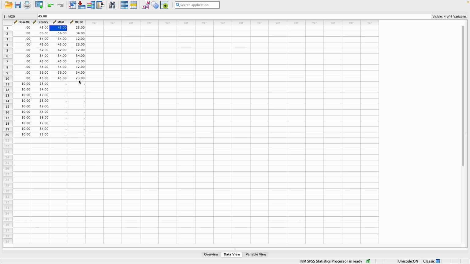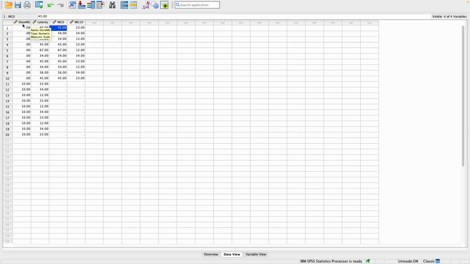If you stick to this golden rule that every participant gets their own row, you should be set up pretty well. For the independent samples design, if I have 20 participants total, I need to have 20 rows. I therefore need a column that indicates which condition each participant is in, whether they're receiving 0 or 10 milligrams. So I have an independent variable column, and I have a dependent variable column.